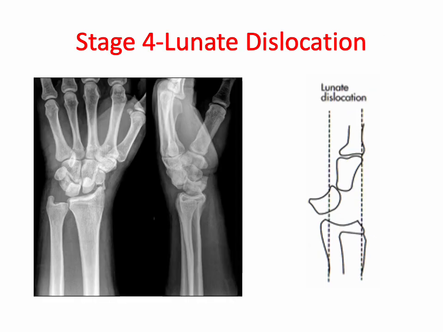And then a lunate dislocation, where the lunate dislocates volarly and the capitate appears aligned with the radius.